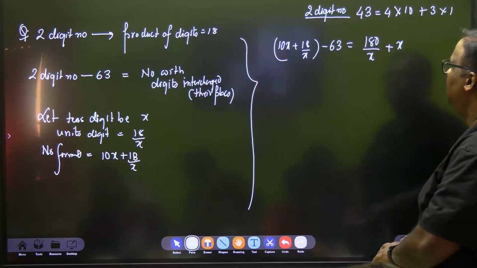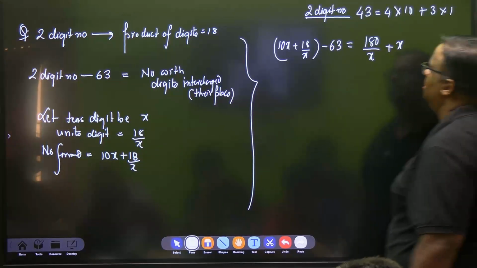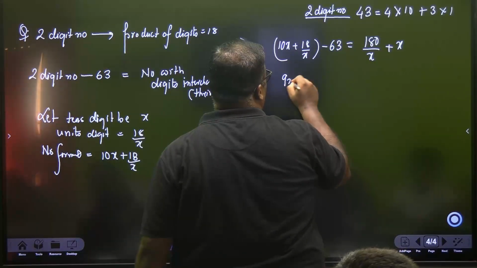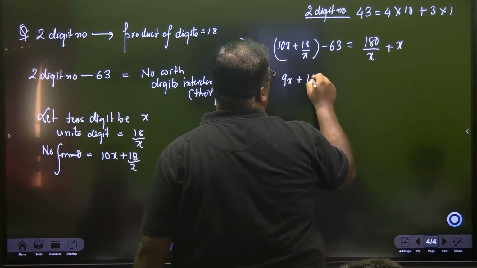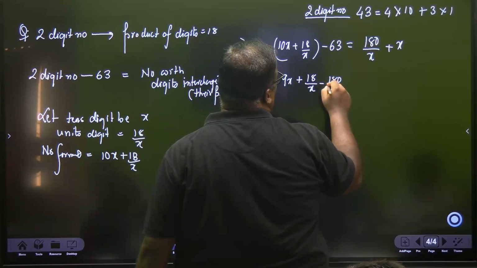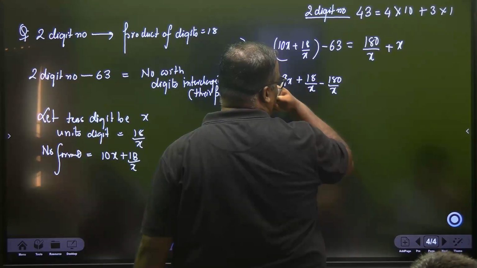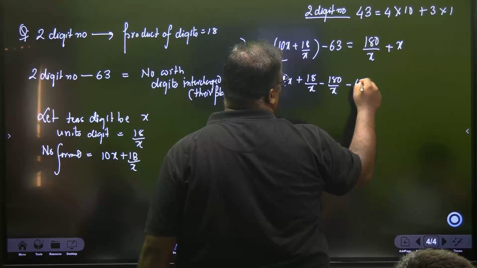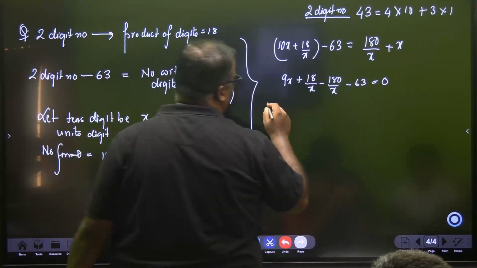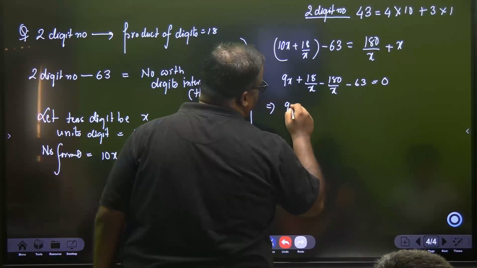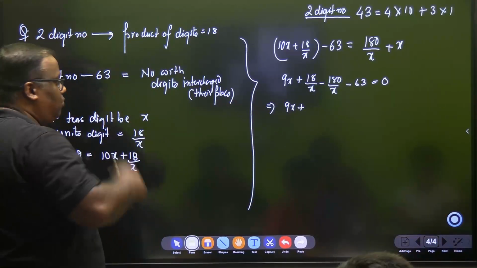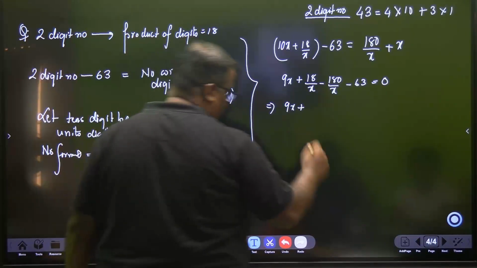First of all, simplify it just the way it is. 10x and x becomes 9x, plus 18 by x minus 180 by x, and then minus 63 is equal to 0. So it becomes 9x, and 18 minus 180 gives negative 162.